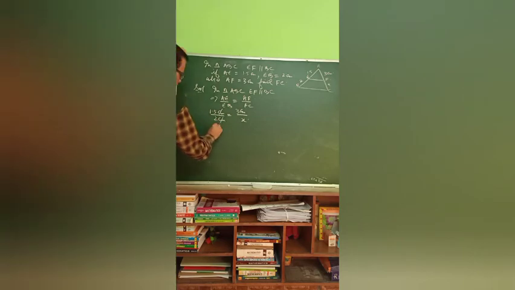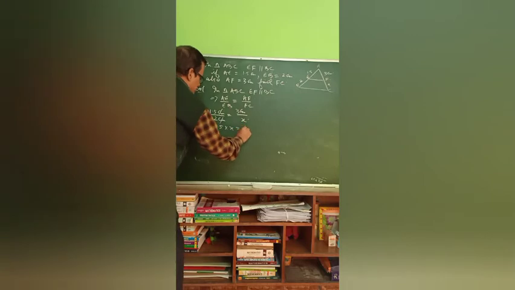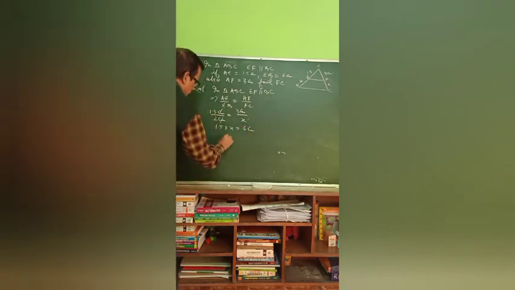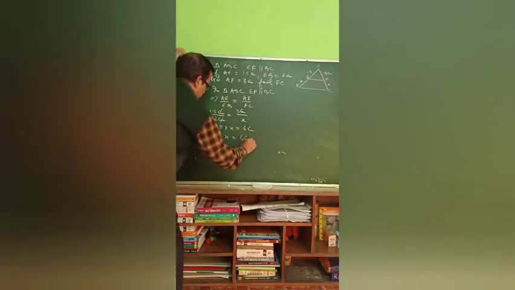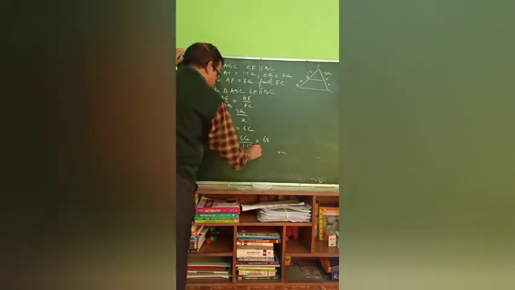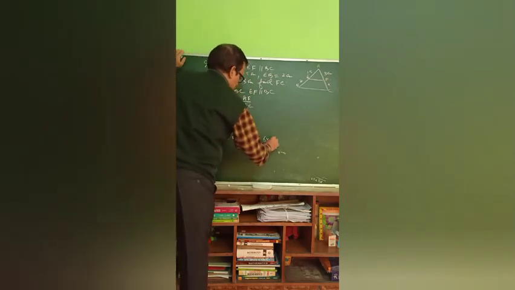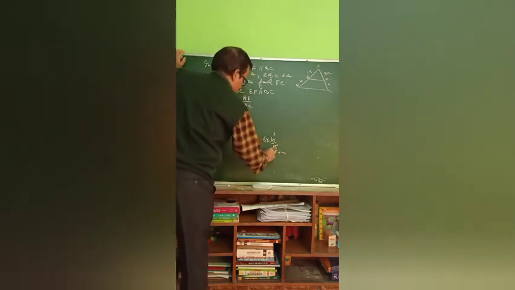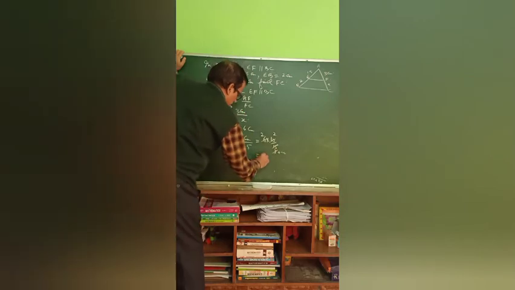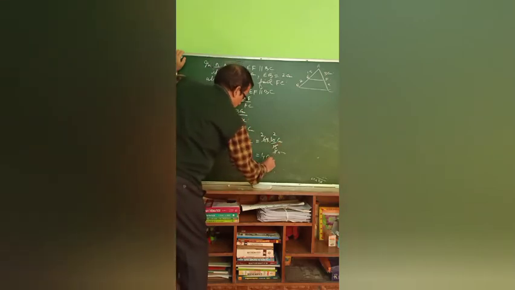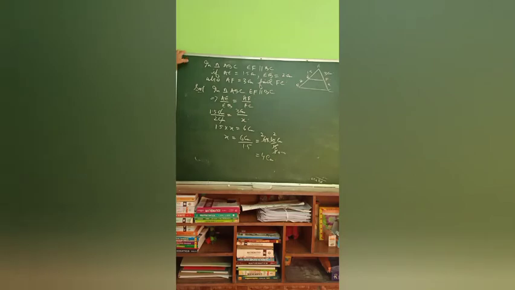Cross multiply, we get 1.5 into X is equal to 2 into 3, 6 centimeters. So X is equal to 6 centimeter upon 1.5, which is 6 into 10 upon 15, that is equal to 4 centimeters. So 4 centimeter is FC.